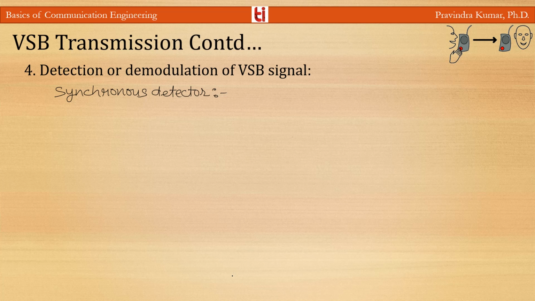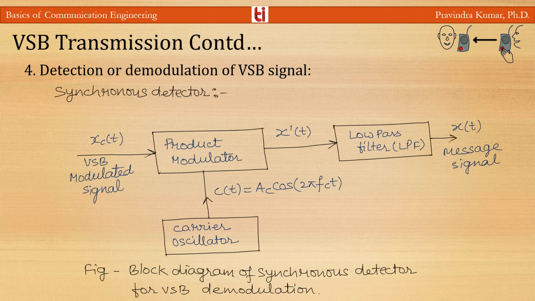Now the detection, or demodulation, of the VSB signal. The synchronous detector for the detection of the VSB modulated signal is shown in this figure. The VSB modulated signal is passed through the product modulator, where it is multiplied with the locally generated synchronous carrier, meaning it will generate the same carrier we used on the transmission side.